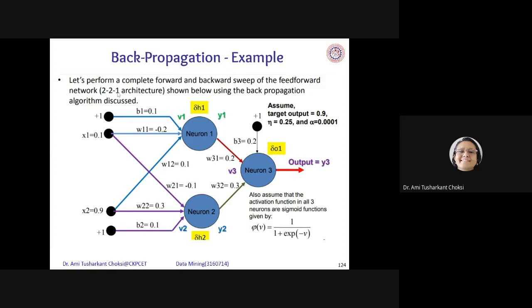Fine? Okay. So for this figure, the data is given, and now we want to perform complete forward and backward sweep. Okay. So let us understand the figure. What is that?